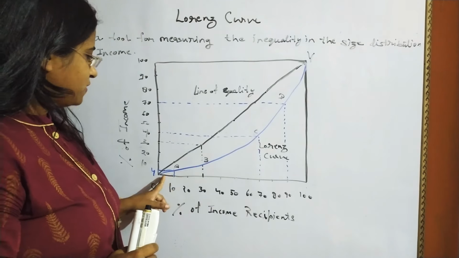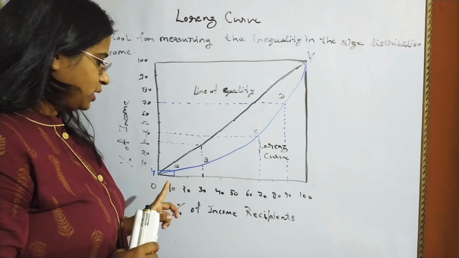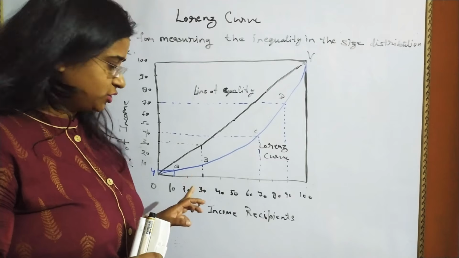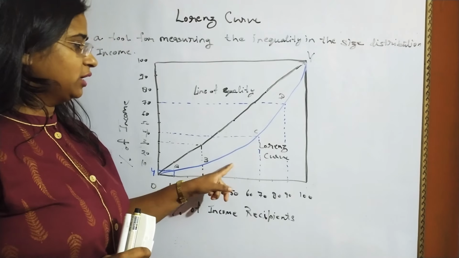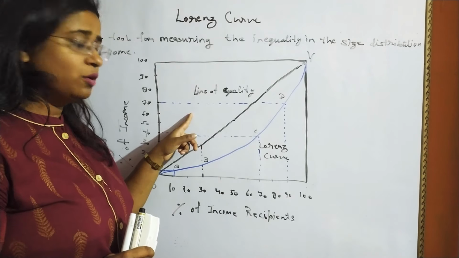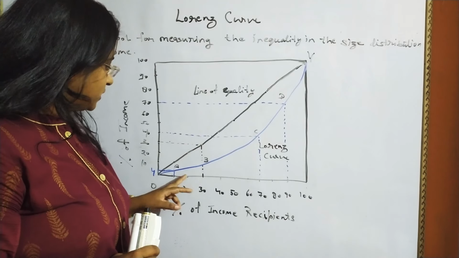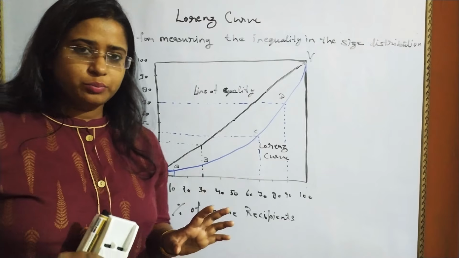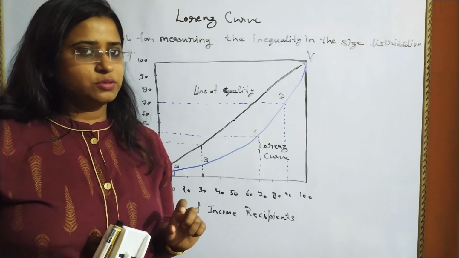So we have seen the Lorenz curve, and these percentages are cumulative in nature, and the Lorenz curve can never be above this line of equality, because this section of the Lorenz curve is showing the bottom poor population of the society.